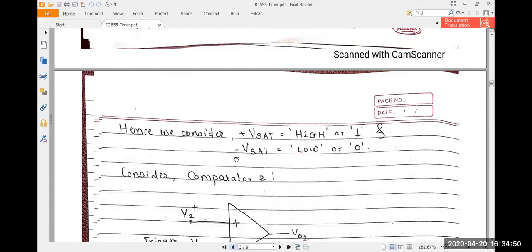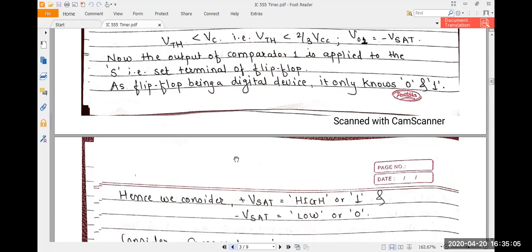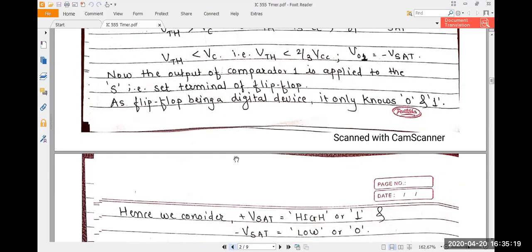So whenever we have plus VSAT output, then we'll consider that as high or 1. And whenever we have minus VSAT, then we'll consider that as a low output or 0. So whenever VTH is greater than 2/3 VCC, then the output would be 1, and whenever VTH is less than 2/3 VCC, then the output would be 0. This is the logic that we are going to use in case of the SR flip-flop.